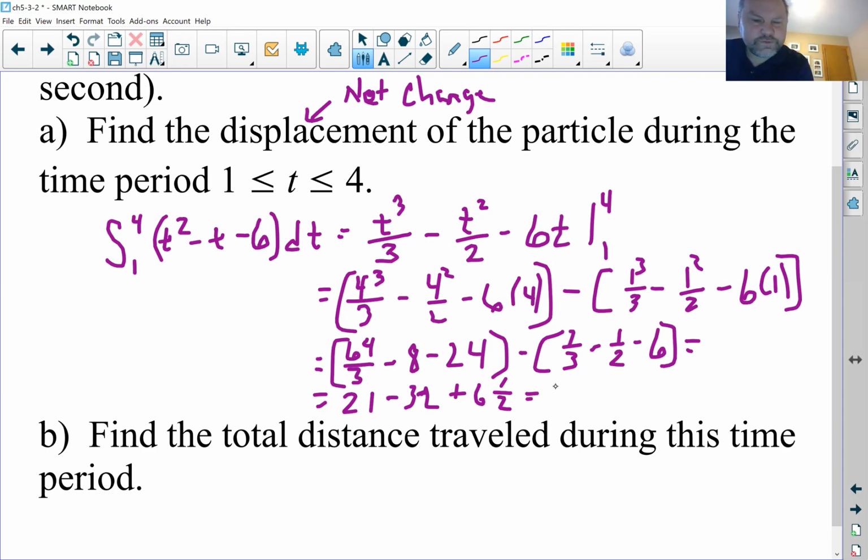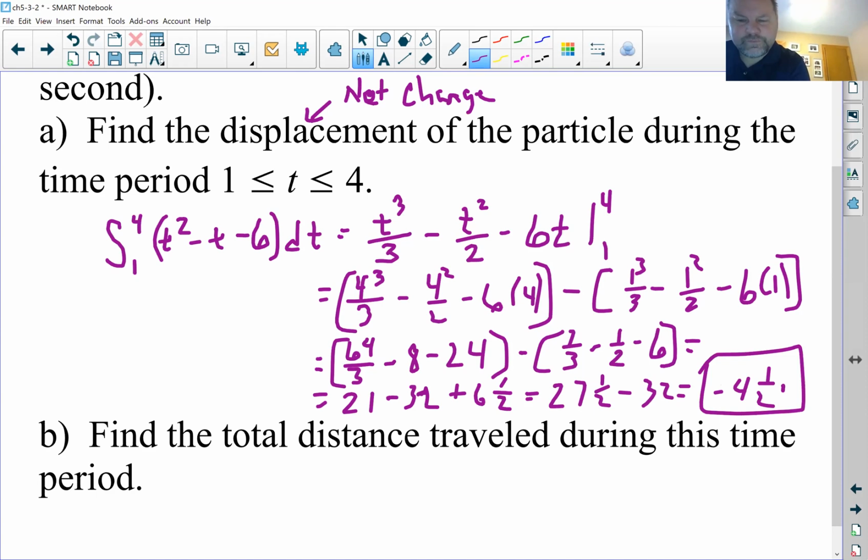All right, so we get 27.5 minus 32. It's negative 4.5. So in other words, the particle ended up 4.5 meters to the left, if you want to think of that, or below, if you're thinking of it moving up and down from where it started.